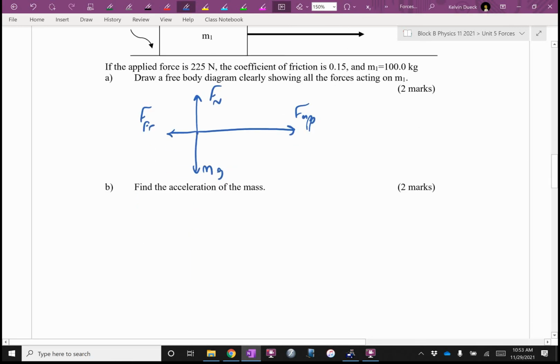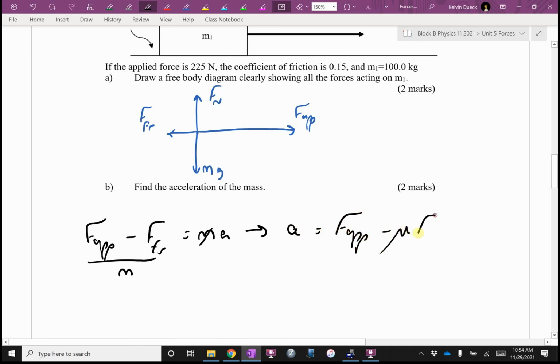Find the acceleration. Okay. Who's winning? Who's losing? Friction equals MA. A is going to be F applied minus mu times the normal force. I don't know the normal force. Oh, but look. I know the force same size as the normal force.